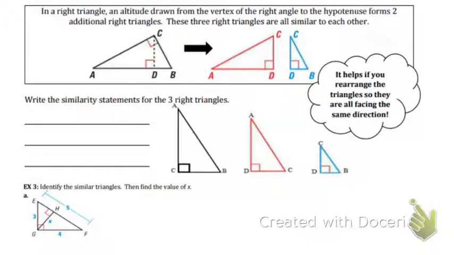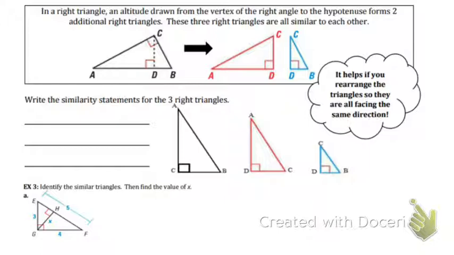It is very helpful when solving these to rearrange the triangles so that they're all facing the same direction. We did this with similar triangles. So rather than trying to picture all these sides separately, what I would do is I would draw them all the exact same direction.